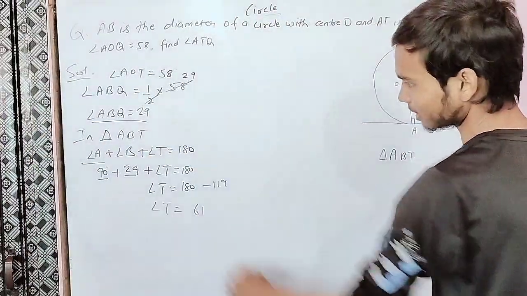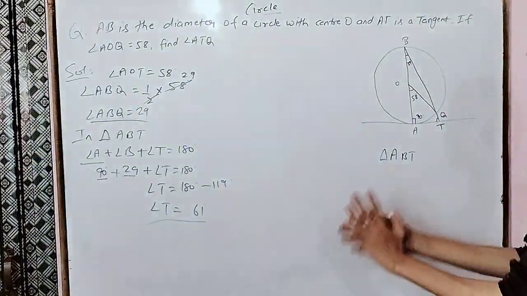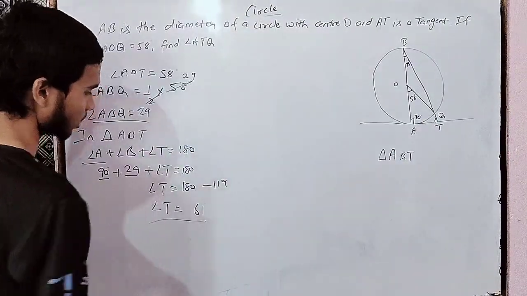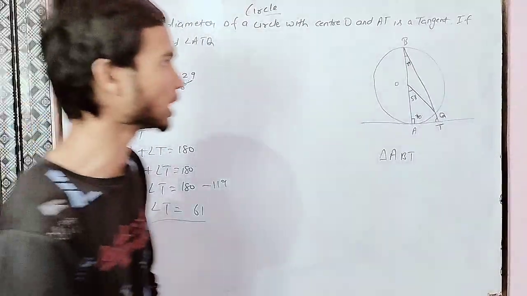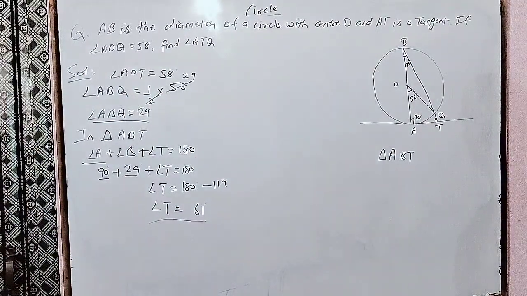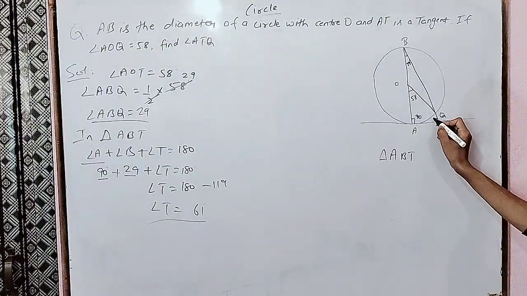What is the meaning of this? You have to understand the meaning of the answer, the answer that is coming after applying something. Then you will have clarity, and an understanding of the answer and of the question. So the meaning of this is that the measure of this angle is 61.